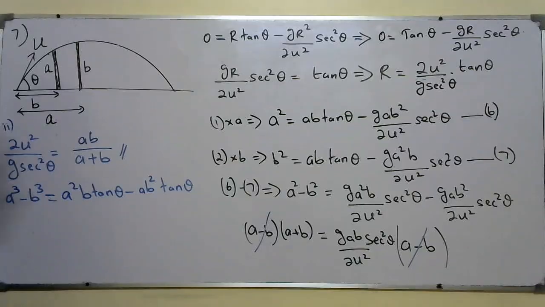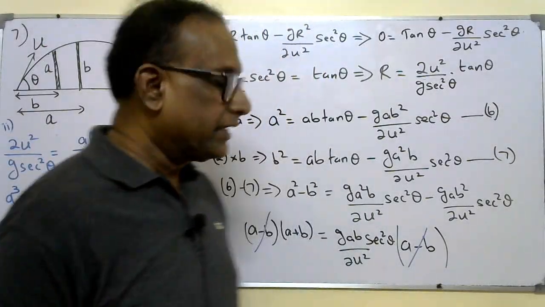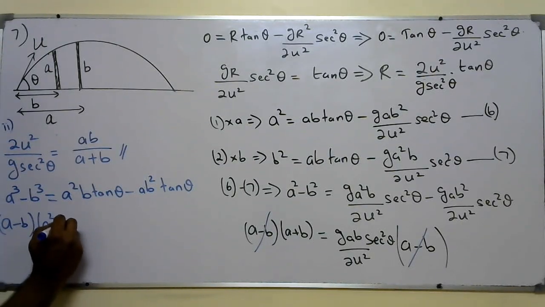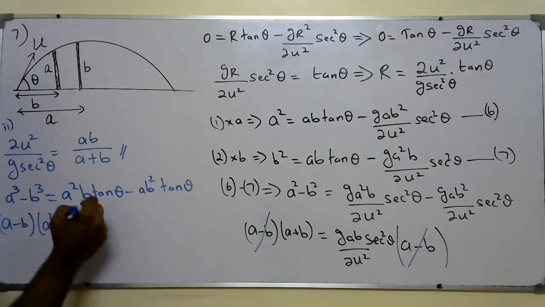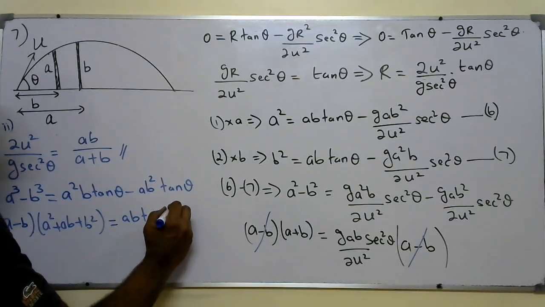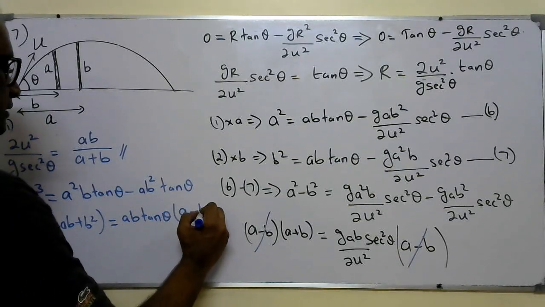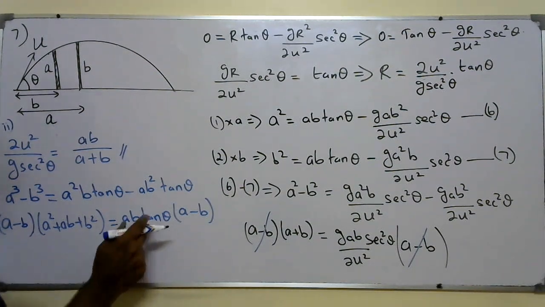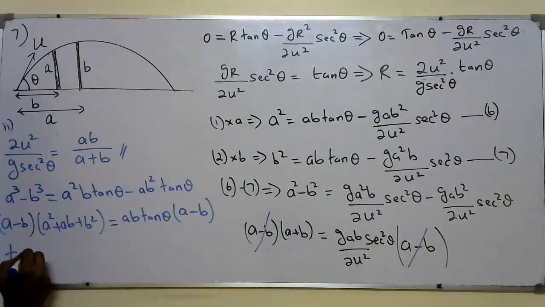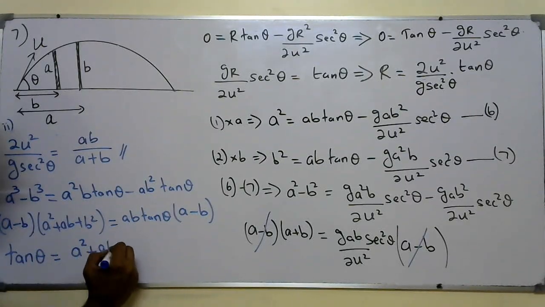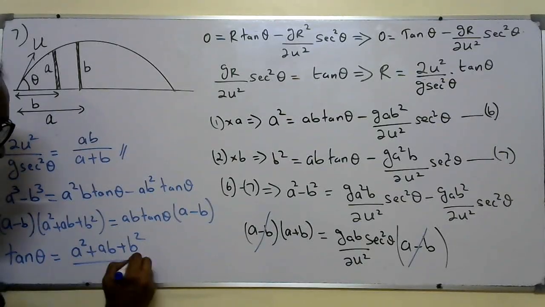So a cubed minus b cubed, here we will factorize it: a minus b, a squared plus ab plus b squared. Here take ab out, ab tan theta times a minus b. Okay, so a minus b will get cancelled. So I can find tan theta. Tan theta is going to be a squared plus ab plus b squared over ab.